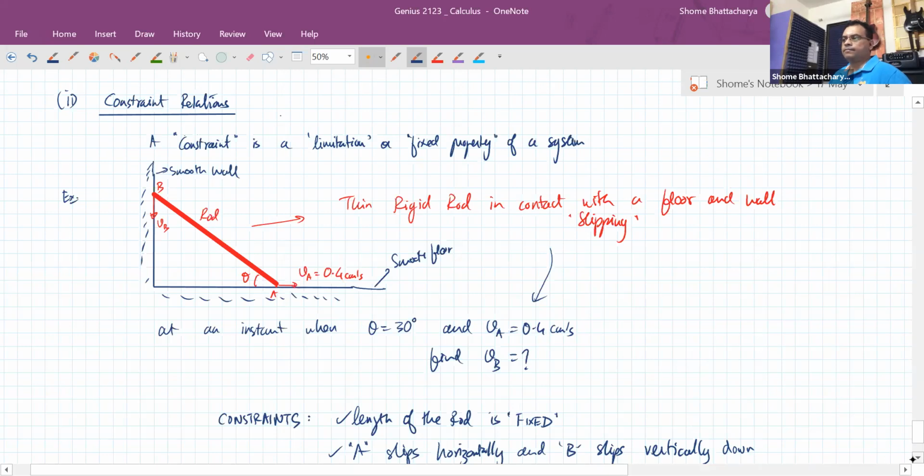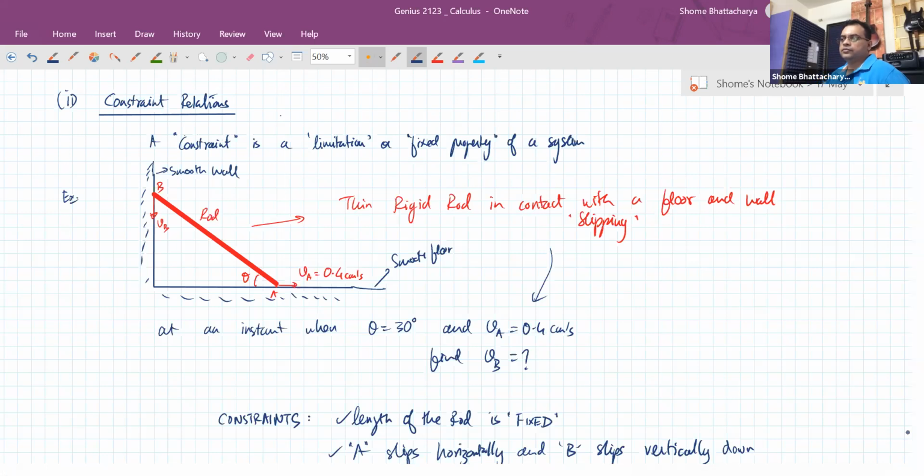Excuse me, sir. Yes. Just one thing, can you explain why they would be moving at different speeds? You will see now from the relation itself. If you just imagine this in everyday life, you will realize that this is what happens. As the rod is slipping, the speeds at which point A and point B are moving are different.